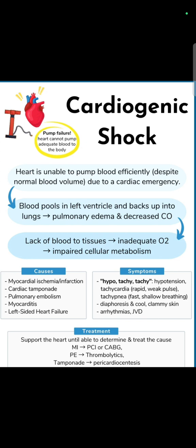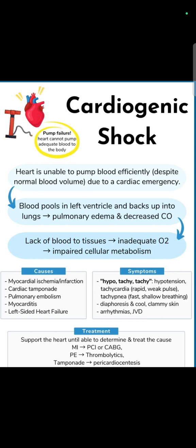The circulation order is that blood from the upper part of the body is collected by the superior vena cava, and blood from the lower part by the inferior vena cava. Both collect deoxygenated blood, that means oxygen-poor blood, to the right atrium. From the right atrium, blood reaches the right ventricle.